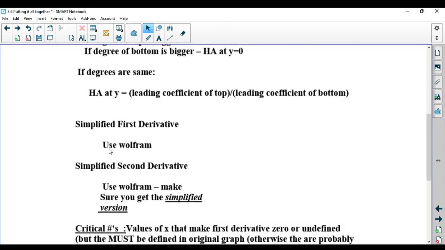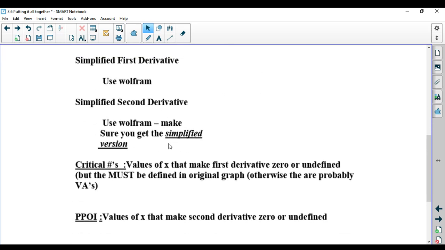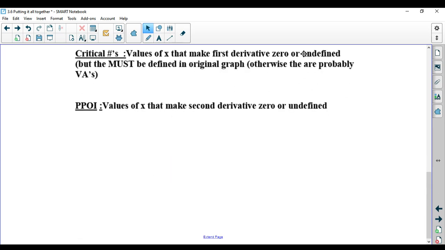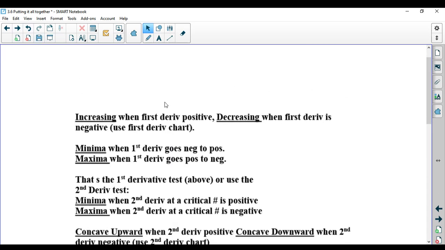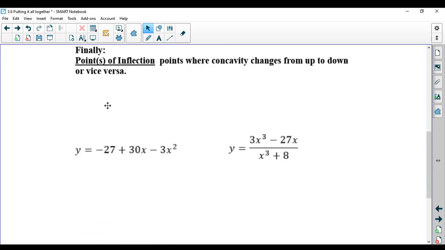And then all the stuff we just learned this chapter: mins, maxes, increasing, decreasing, and everything. So we're going to start again with the intercepts and asymptotes, and we're going to do two examples, this one right here and this one right here. So here we go.